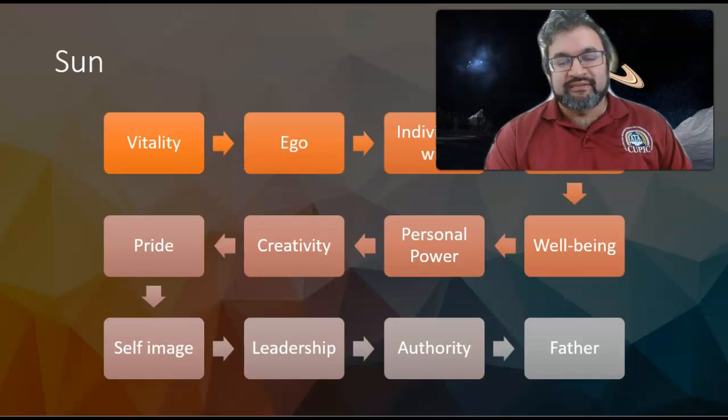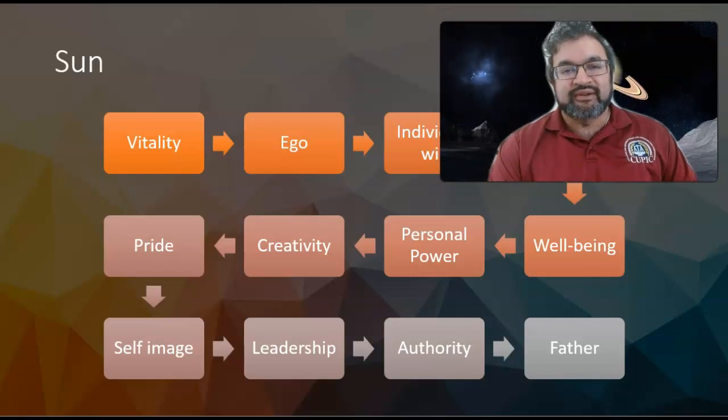So the first planet, so to speak, is the Sun, and that represents vitality, ego, individual will, sense of purpose, pride, creativity, personal power, well-being, self-image, leadership, authority, and father.